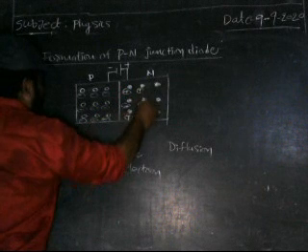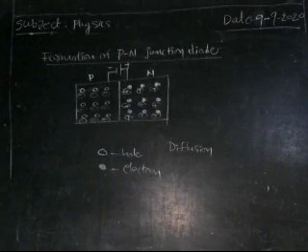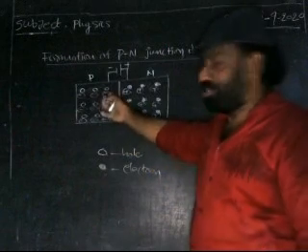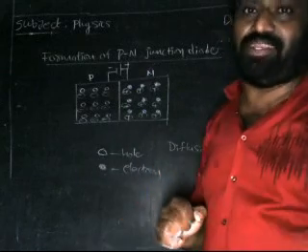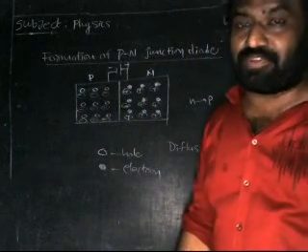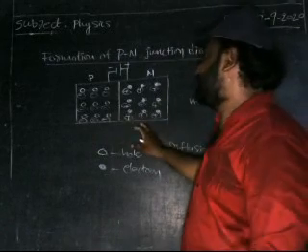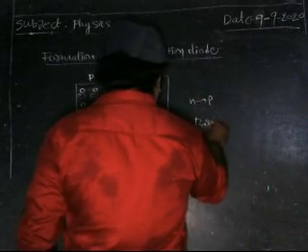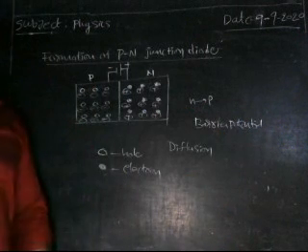These ions are immobile, and they build up an internal electric field which is directed from N-type to P-type. There is a potential difference at the junction, which is called the barrier potential.